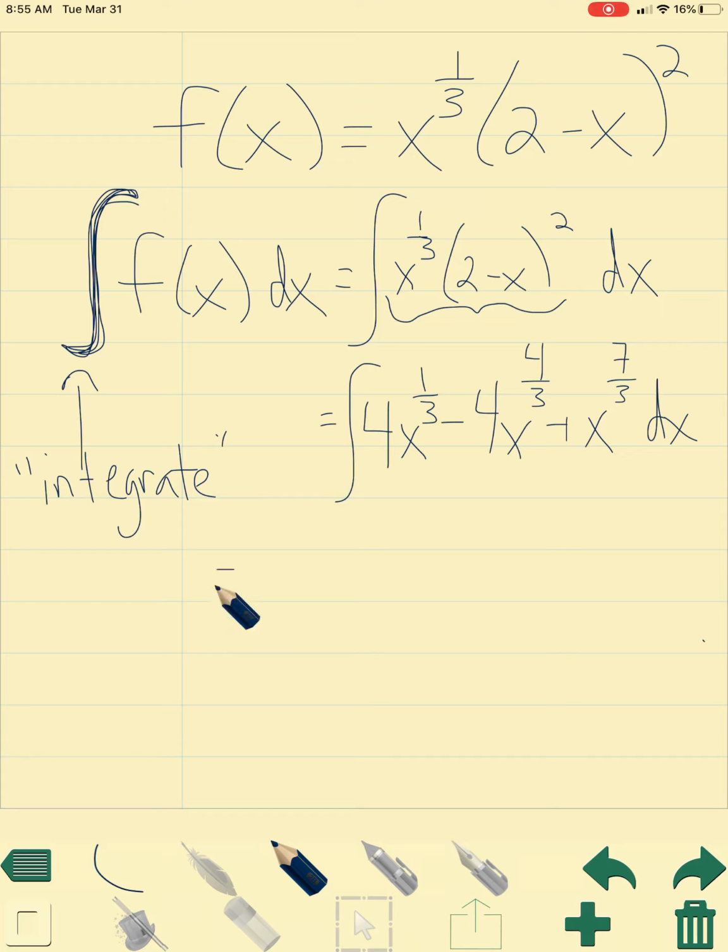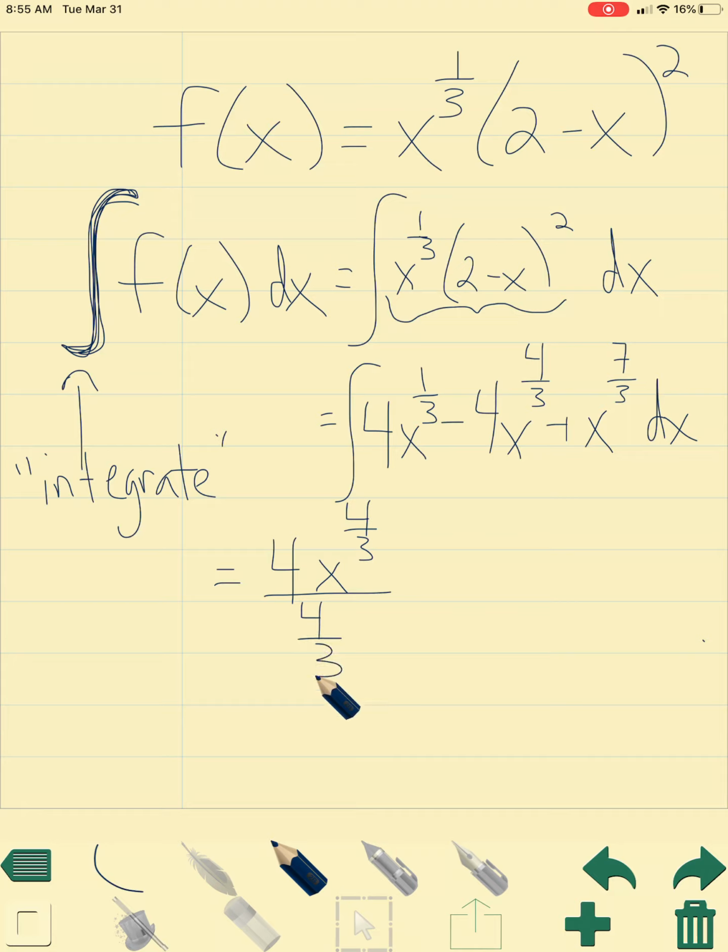Now by the step-up rule, we take that 4x to the 1/3 and we step it up a whole value. So this would be 4x to the 4/3. And rather than when we derived it and brought the exponent down and multiplied, now rather than multiplying, you divide by your exponent.